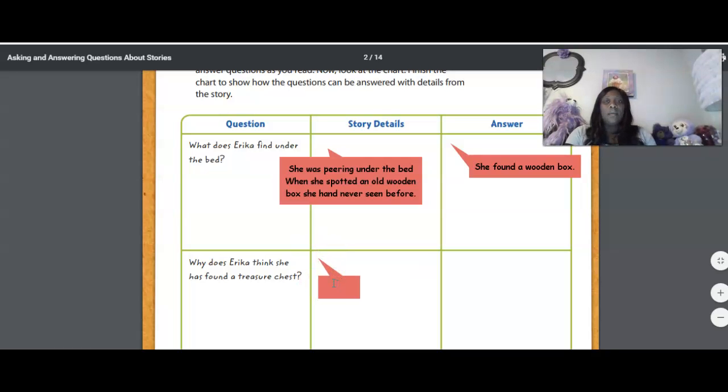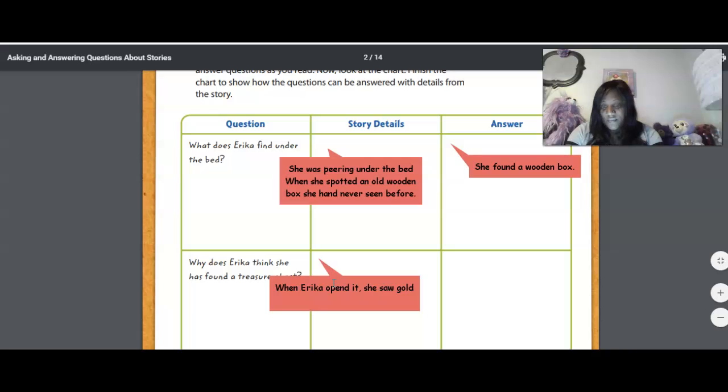So if we're using information explicitly from the text, if we are using actual story details and we're answering why does Erica think she has found a treasure chest, we're going to put, when Erica opened it, she saw gold coins glittering in the dim light.